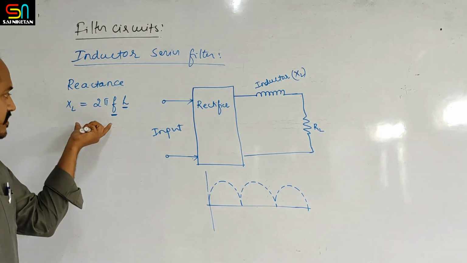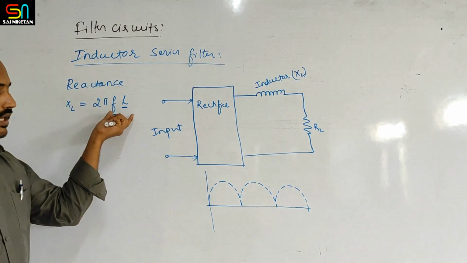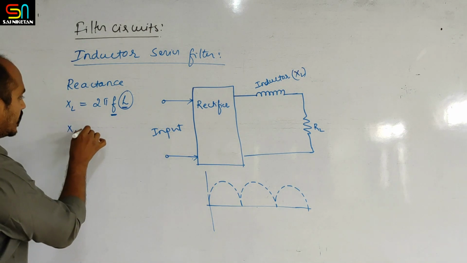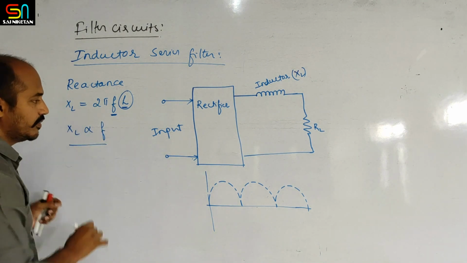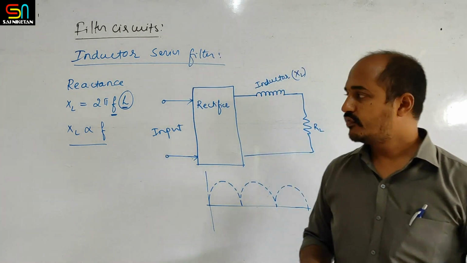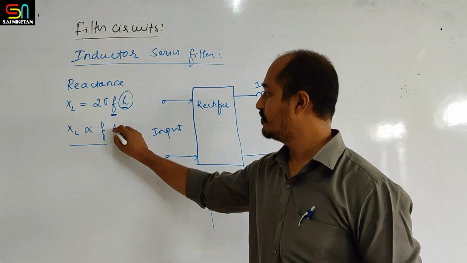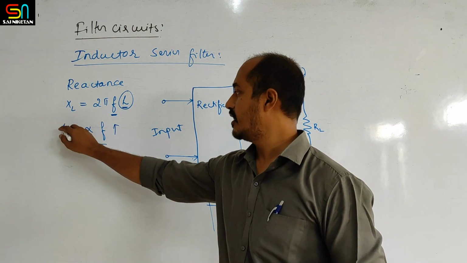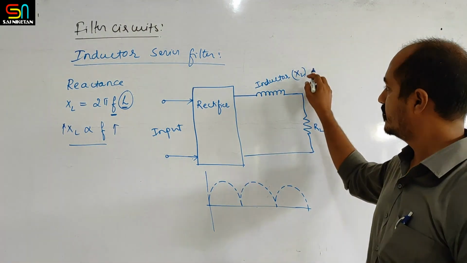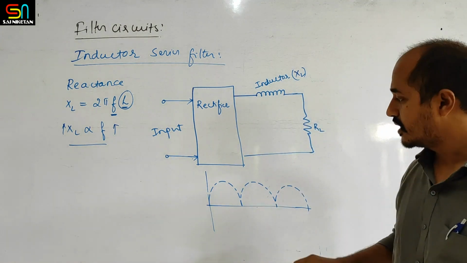So now, if we see this formula, XL equals 2 pi fL, where L is a constant, XL is proportional to f, meaning its resistance is proportional to frequency. If the frequency increases, XL also increases. That means if the frequency increases, the resistance of this coil also increases.